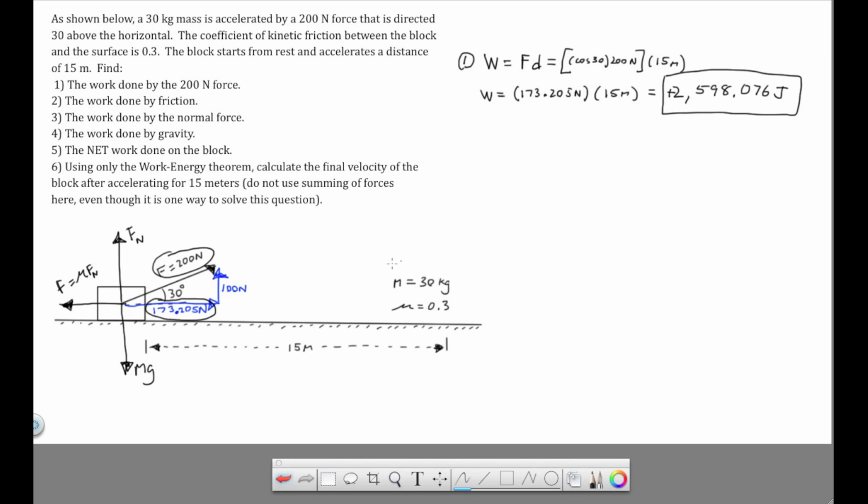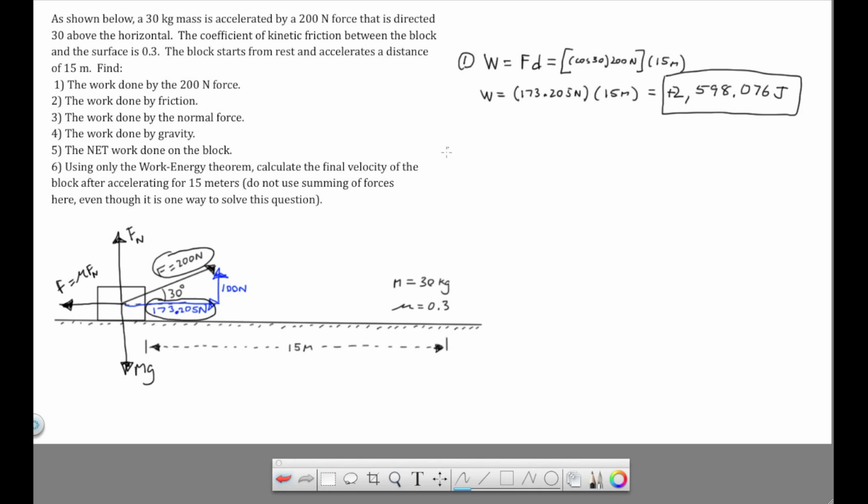As we discussed in class, the sign convention for work is very simple. If the force doing the work is in the direction of motion, which this 173 Newton force is, it is doing positive work.